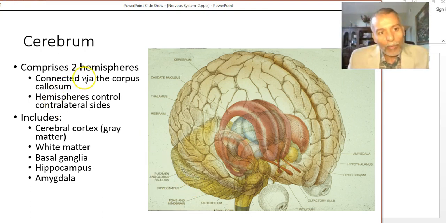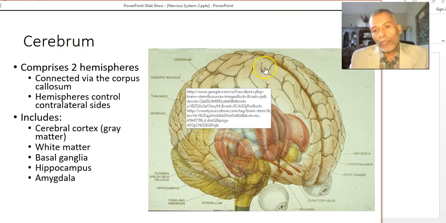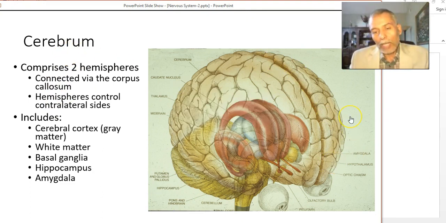Here is the cerebrum, and it basically has two big parts, the right hemisphere and the left hemisphere. The two hemispheres are connected with a structure called the corpus callosum. The structures on the right side and the left side are almost like mirror images of each other, like your right hand and left hand.